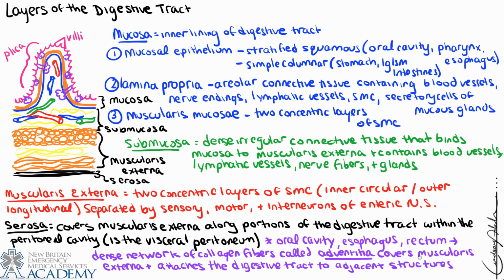For example, the esophagus is in the thoracic cavity while the rest of the digestive organs are in the peritoneal cavity, as well as some that are retroperitoneal, so they can poke in and poke out of what we consider to be the cavity. We're going to explore that a little bit further as we talk about some of the structures in more detail.